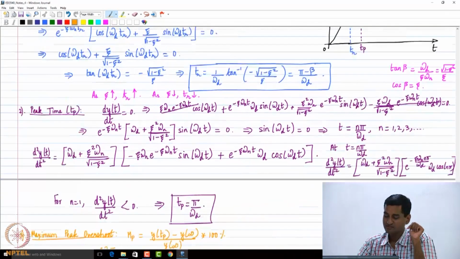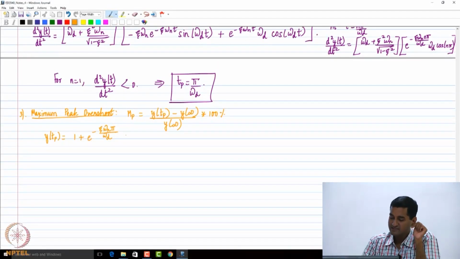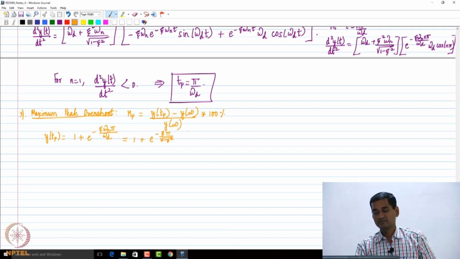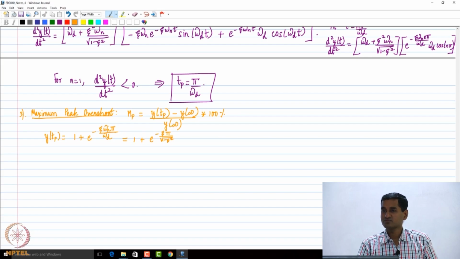That's what we get here, and this I can rewrite as 1 plus e power minus zeta pi divided by square root of 1 minus zeta square. Why? Because omega d is omega n times square root of 1 minus zeta square. I use the definition of the damped natural frequency.